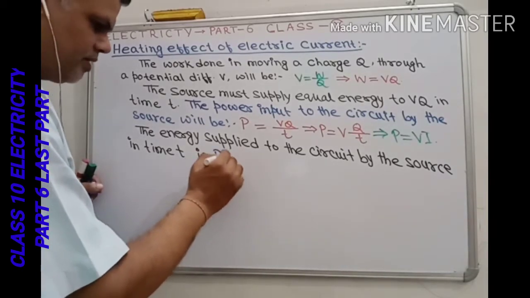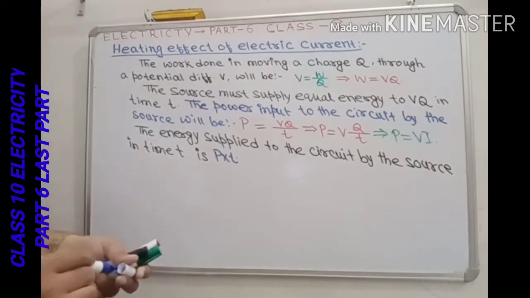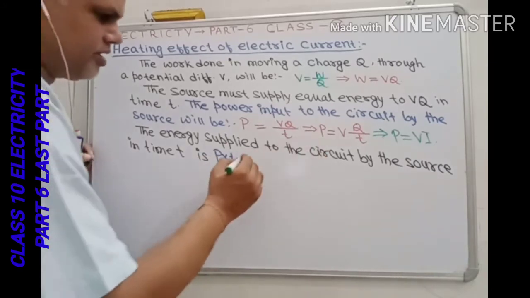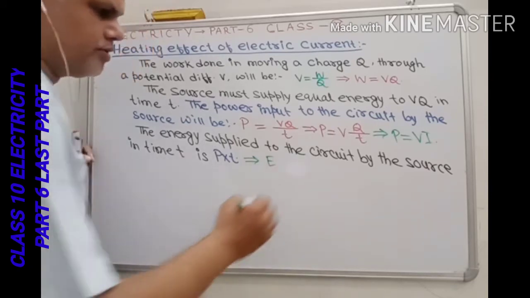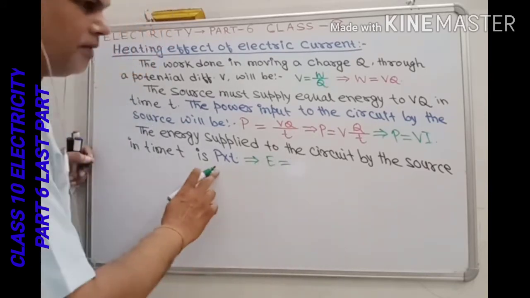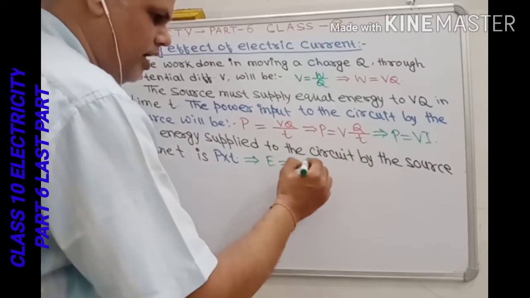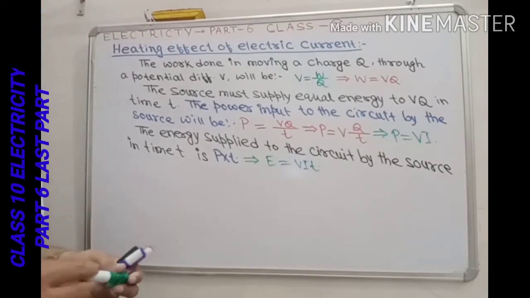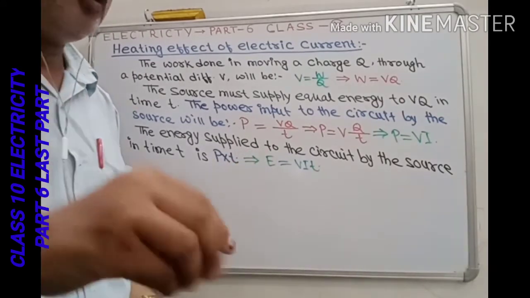So the energy E will be equal to power, which is VI, times the time T. So this much energy is supplied to the circuit by the source.